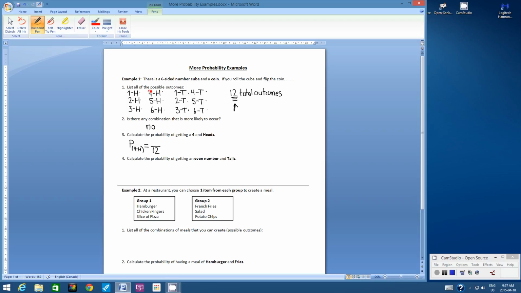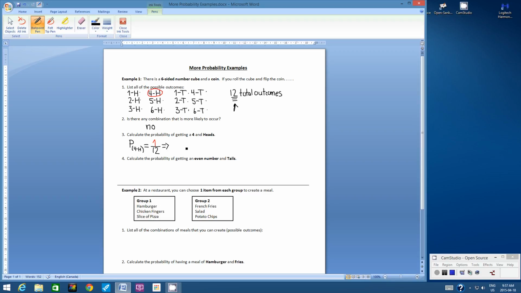So here is 4 and heads. Does it occur any other time? Well, we already said no, because all of the outcomes occur only one time. So we have only one favorable outcome. It only happens one time. Okay? So 1 over 12 cannot be reduced. It is in its lowest form.